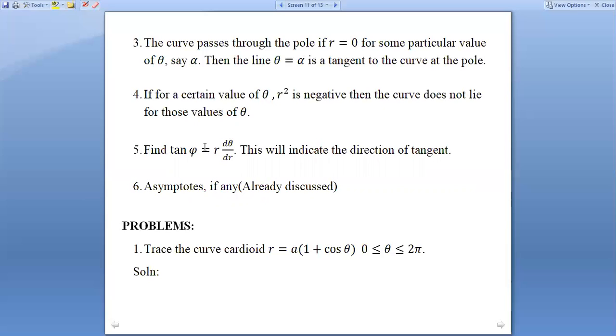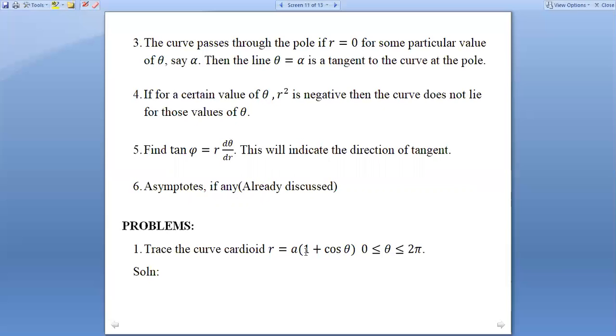Now let us look at the first curve. Trace the curve cardioid. In many problems we have already used this cardioid. So this graph is very familiar to you. So let us trace this curve.